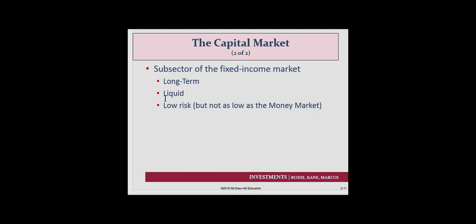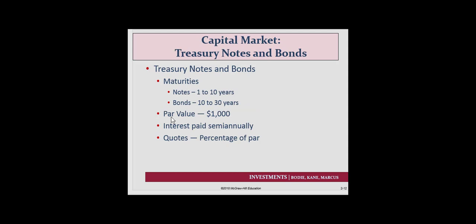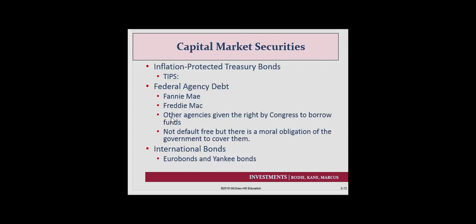They're long-term, they're liquid, relatively low risk, but not as low risk as the money market securities. We have Treasury notes and bonds, typically a par value of 1,000. They pay interest paid semi-annually, and essentially their quotes are at a percentage of par. We'll talk about prices here in a little bit.